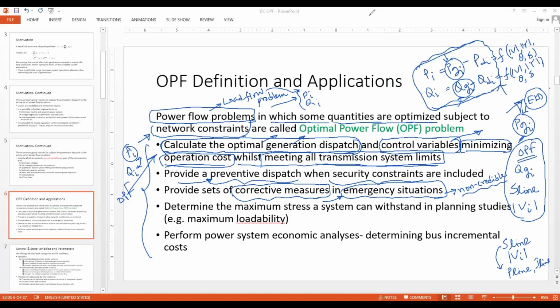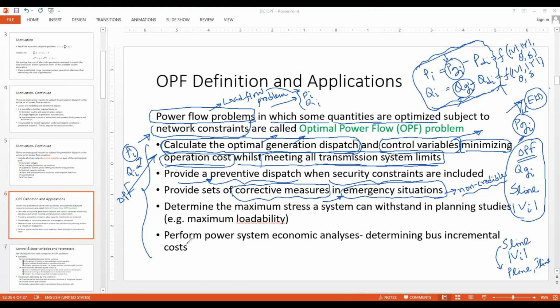Okay, so there could be other choices of OPF, like we may want to look at the maximum stress the system can take. That is the maximum loadability issue.